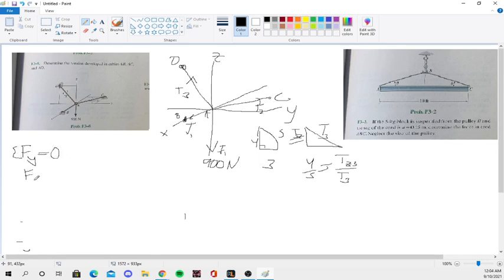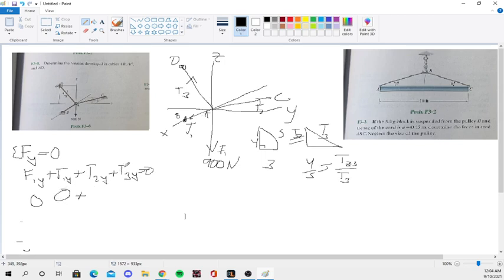So once again, this is going to be F1y plus T1y plus T2y plus T3y, these all equal 0. We don't have a y component for our 900 newton force, so we're just going to leave that as 0. And then for our tension 1, because this is just on the x-axis, we don't have a y component, so that's 0 also.